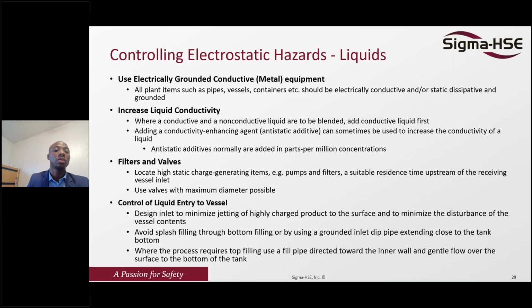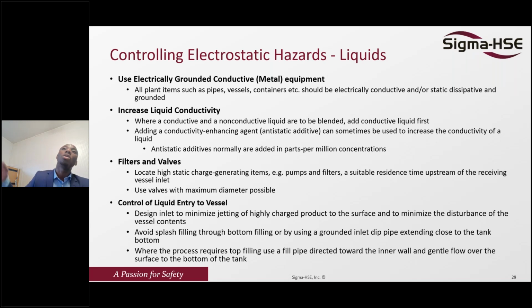A typical example here is when you have a filter or a valve. So when you have a filter located in a high charge generation item such as a pump, this could also generate those charges, and you can control liquid entry.